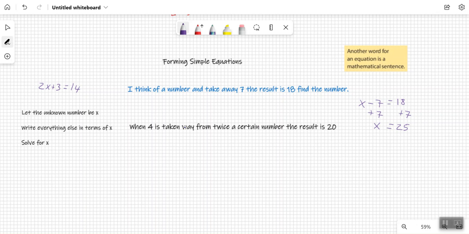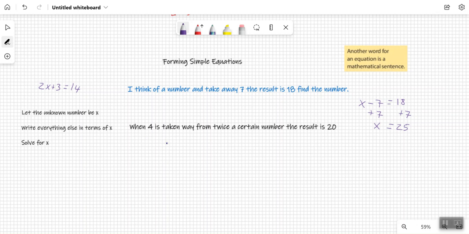Now similarly, I can do exactly the same thing with this one here. This one's just a little bit more complicated. Again, another word for an equation is a mathematical sentence. So this is a sentence, and I can turn this into an actual equation. When 4 is taken away from twice a certain number, the result is 20. So we let the number represent x.